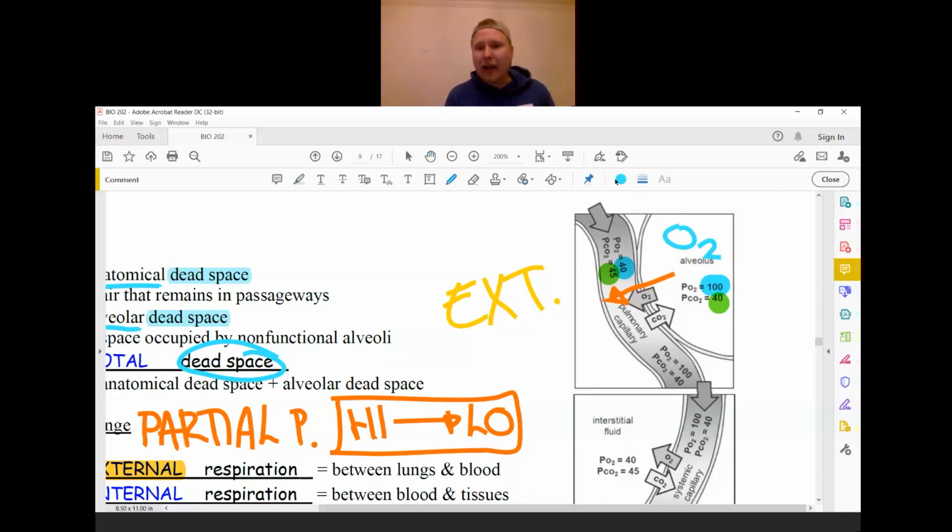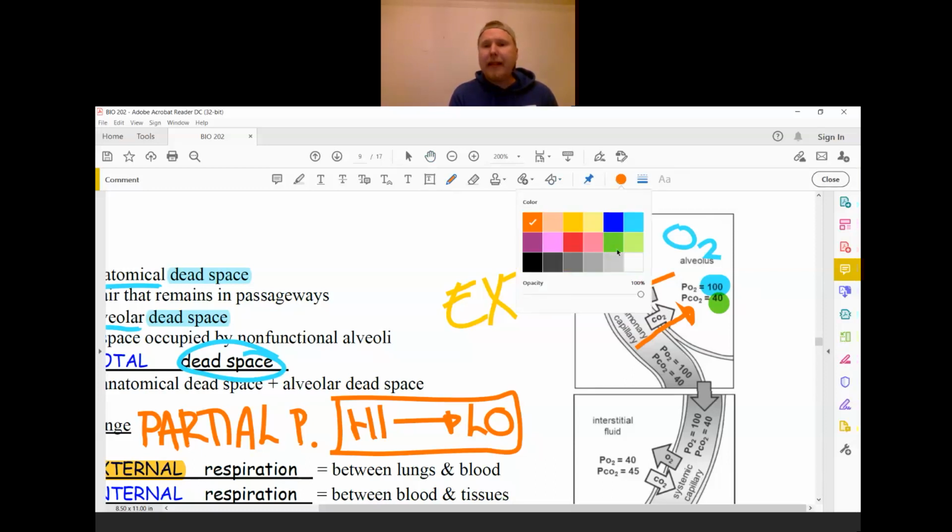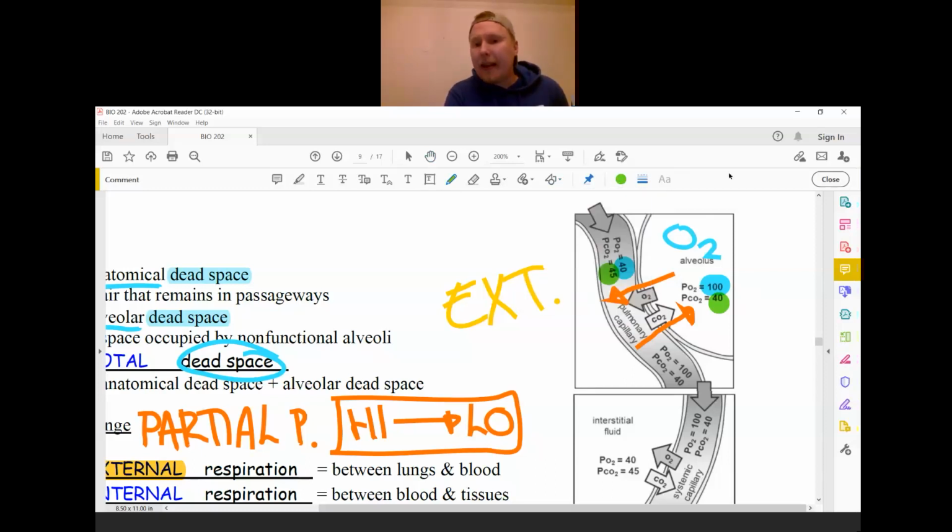So as a result, we move from the area of high pressure to the area of low pressure. So the carbon dioxide will be moving from the capillaries of the pulmonary circulation to the alveoli of the lungs.